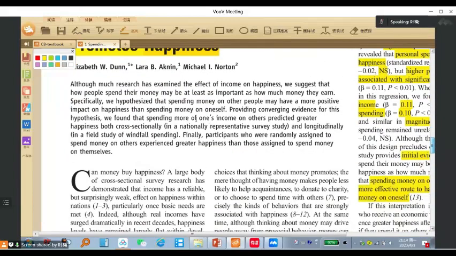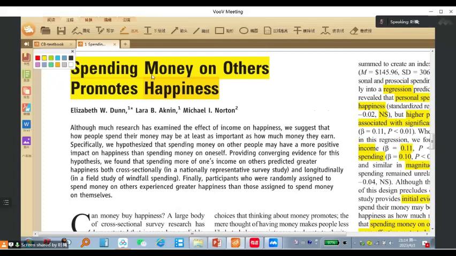I hope that this article will guide you to do consumer behavior research using a set of methods and to test your hypothesis on one specific question. After class, I hope that you can review this article by yourself and find more interesting points.